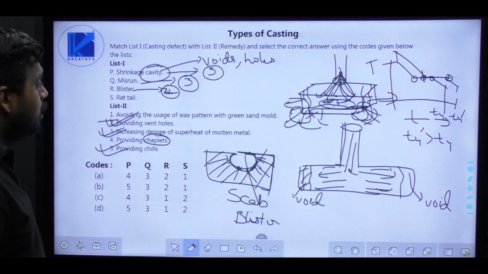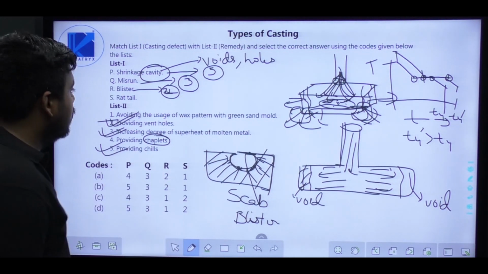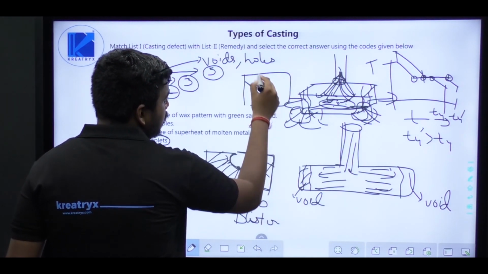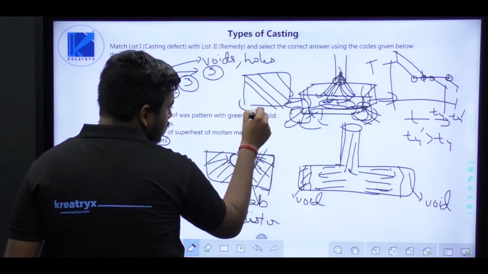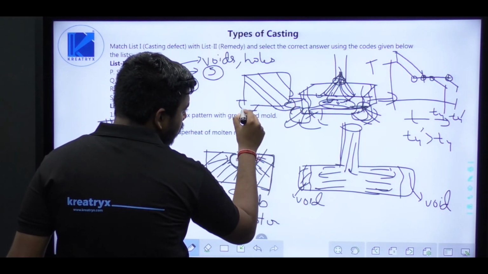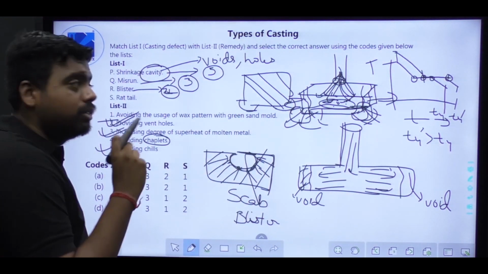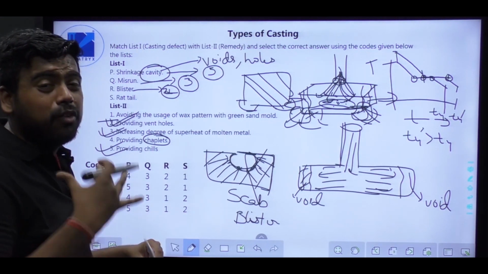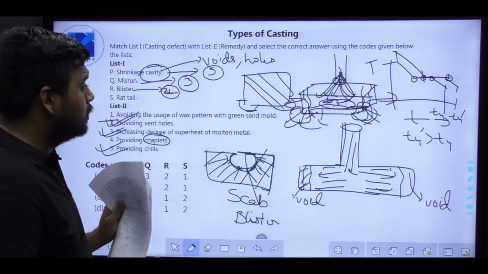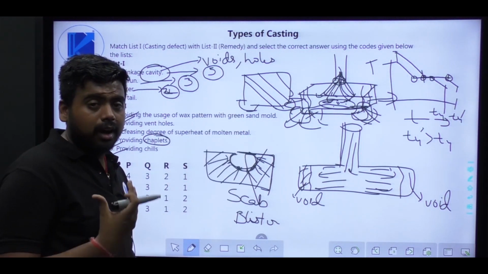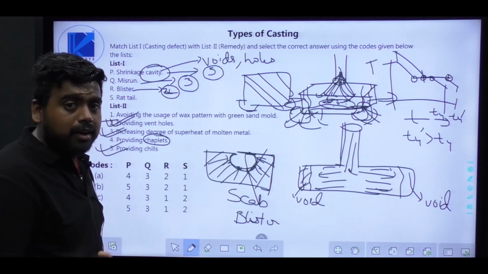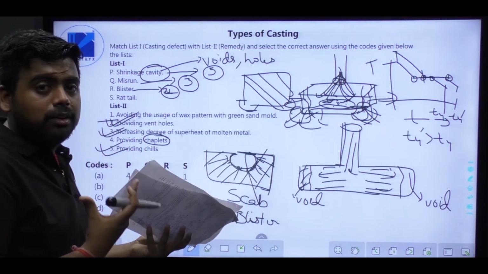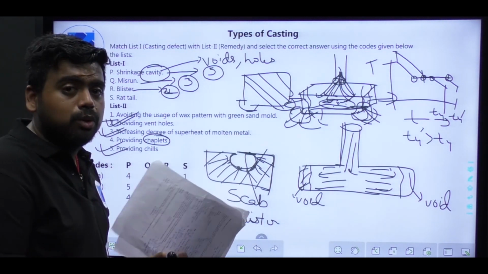Now rat tail. So basically what is rat tail? Rat tail is a phenomenon, let's say this is a cast, in which the metal gets expanded more in the bottom part of the casting. Why so? When molten metal is poured at a very high temperature, the sand which is in contact with the molten metal expands, and due to expansion of the sand, the molten metal at the bottom gets extra space to expand.